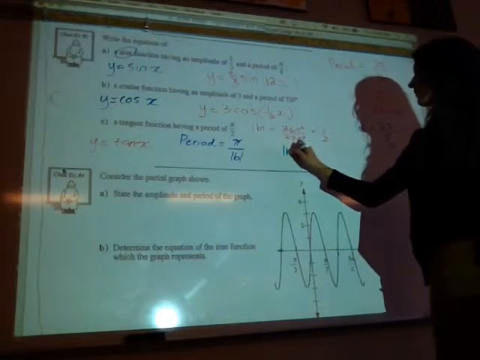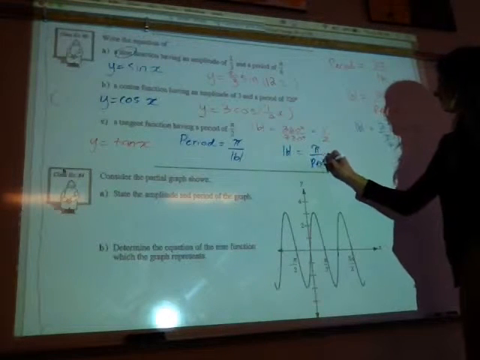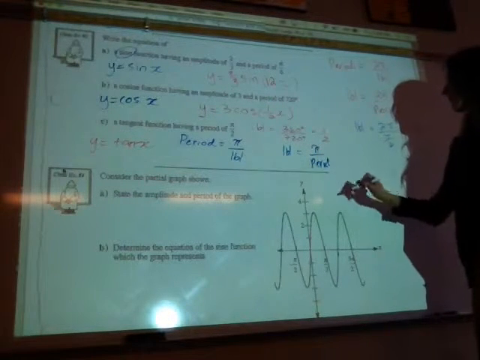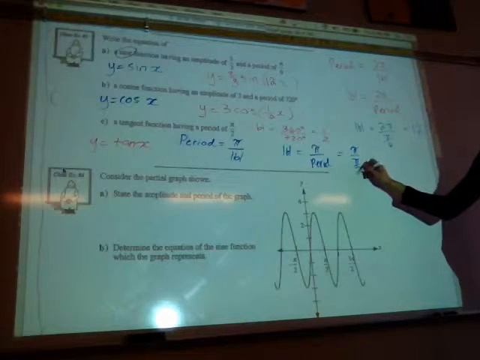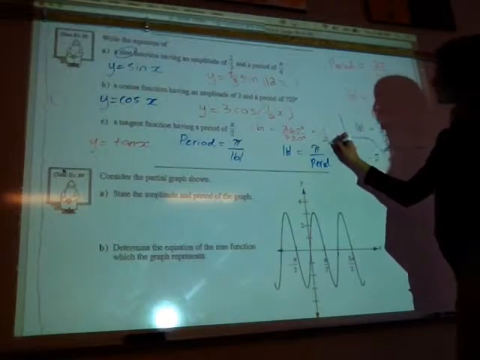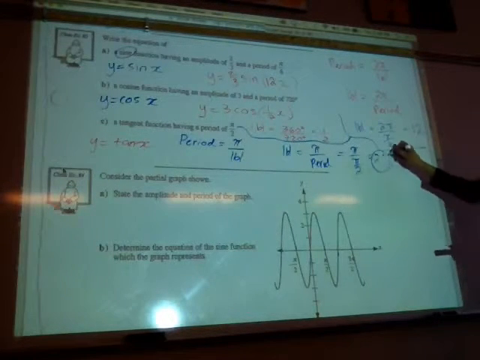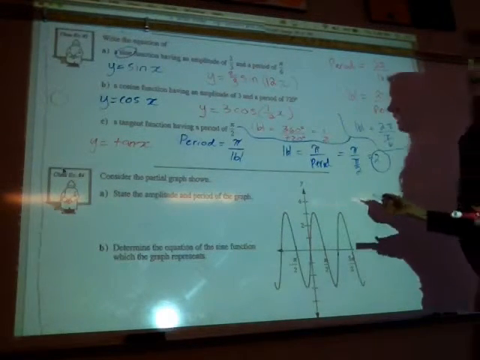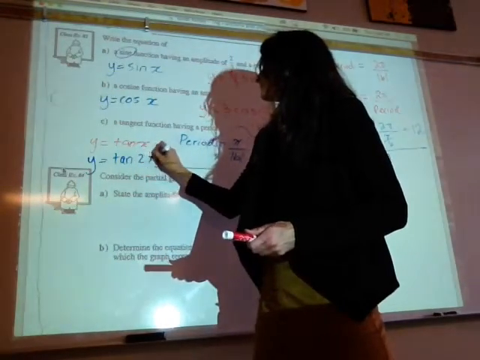Rearranging for b, we have pi over our period, which would be pi over pi over 2, and that equals 2. So having solved for our b value, we can now write our new equation. y will equal tan 2x.